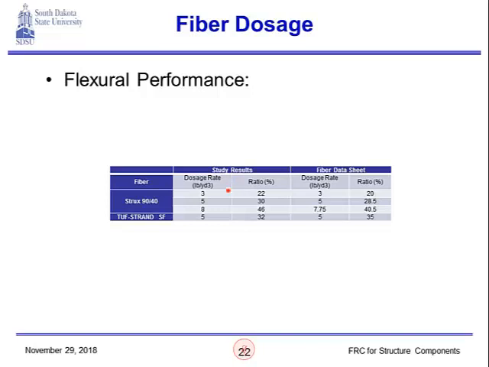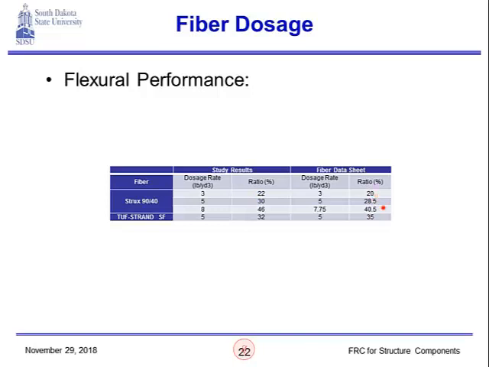So our study showed for a dosage of 3, 5, 8 for this fiber, these flexural strength ratios: 22, 30, and 46%. And for the other fiber, when the dosage rate is 5, we have a 32% flexural strength ratio. Now, from the fiber data sheet, the values were very, very close actually.